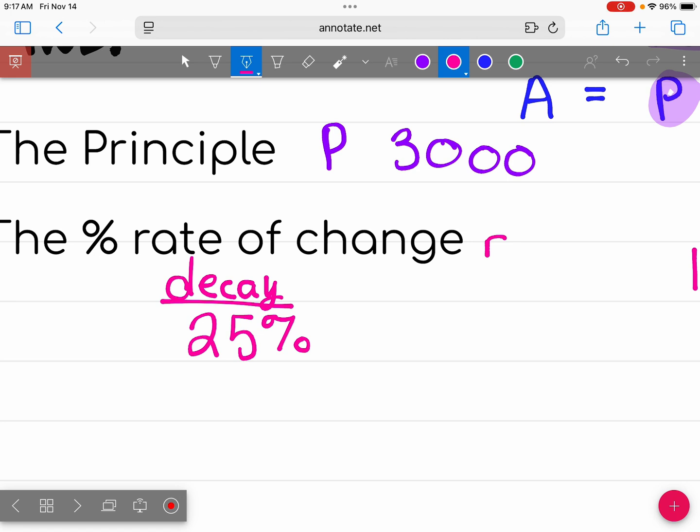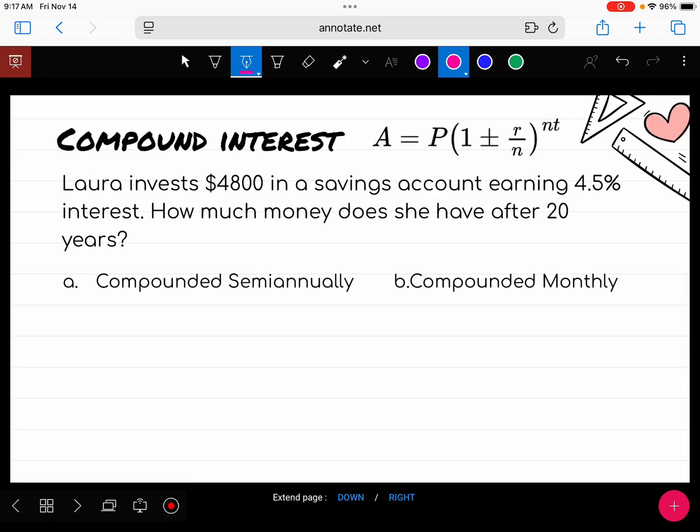Questions about our basic interest? Because there's another version. Technically there are 2 more versions, but we're going to start with one more where we're looking at compounding interest, which is for the most part very similar.